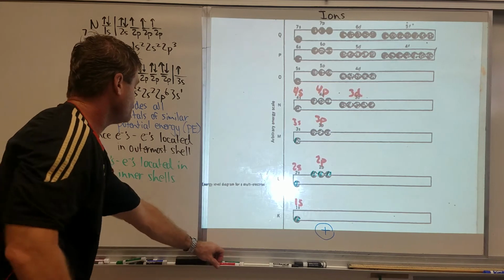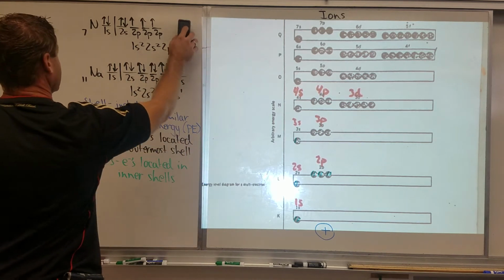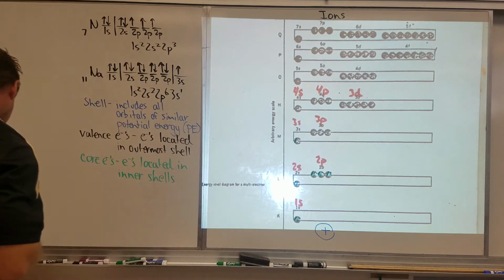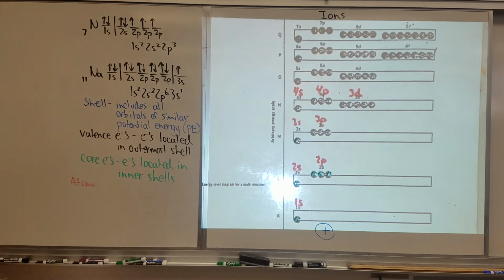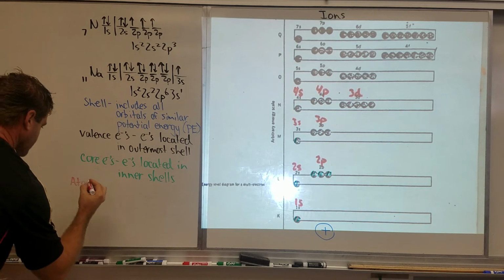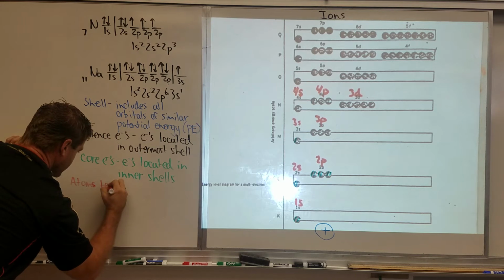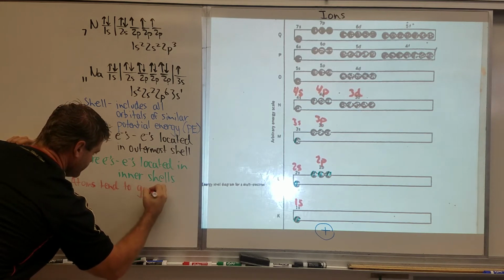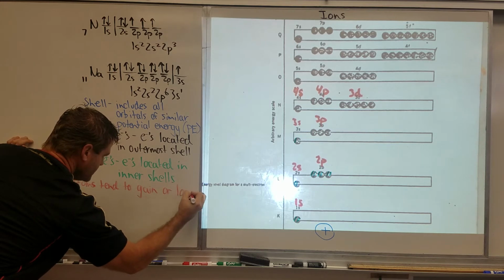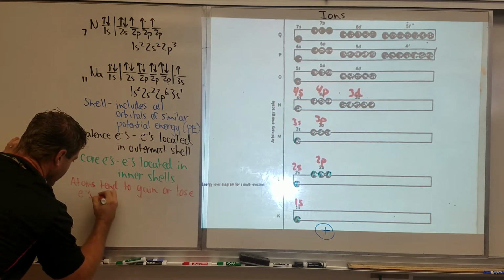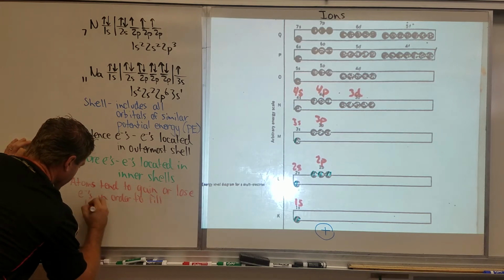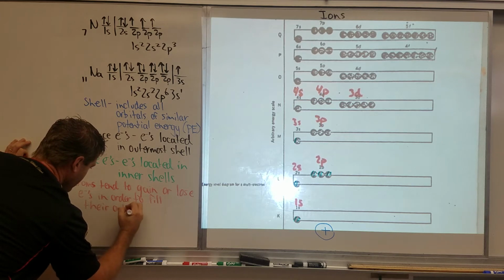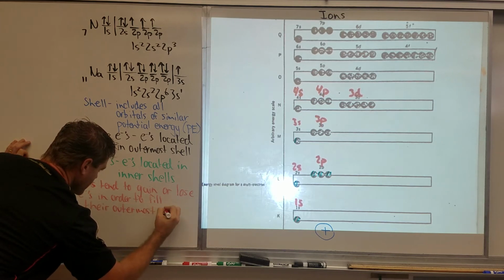Here's one other thing, you guys. This is really important to note. Atoms tend to gain or lose electrons in order to fill their outermost shell.